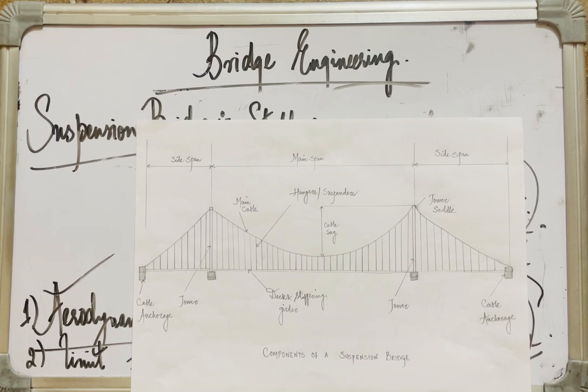Then these towers transfer the loads to the foundation below, and also through the anchorages. The loads are also carried to the ground through anchorages as well, and then to the foundation below.